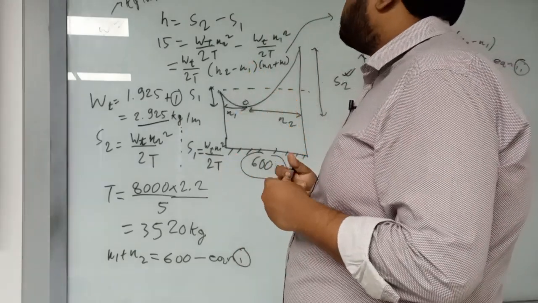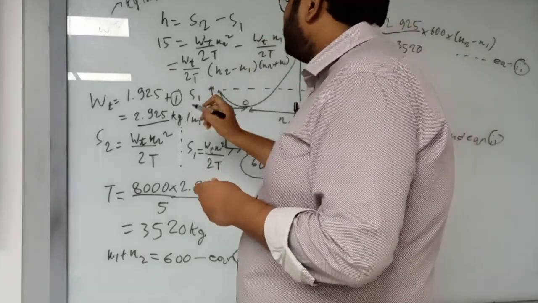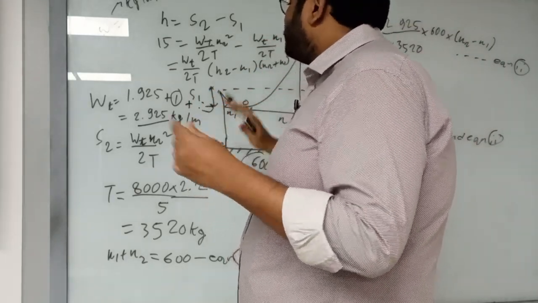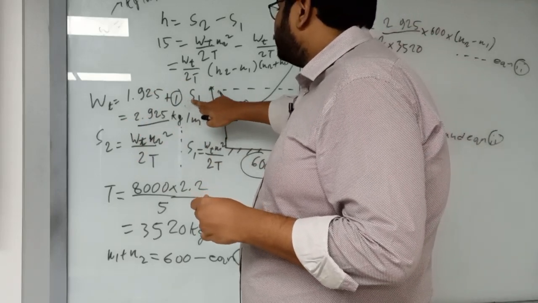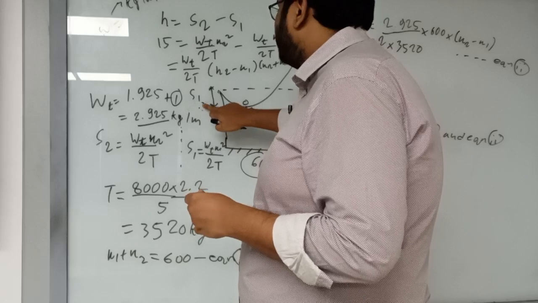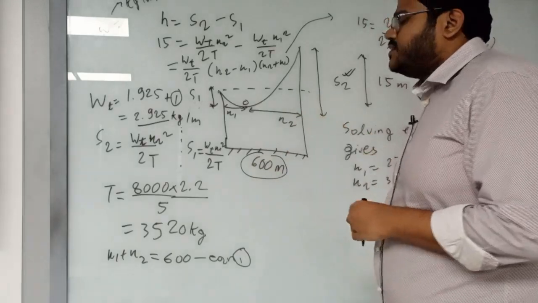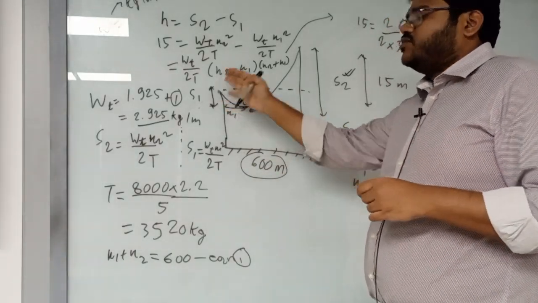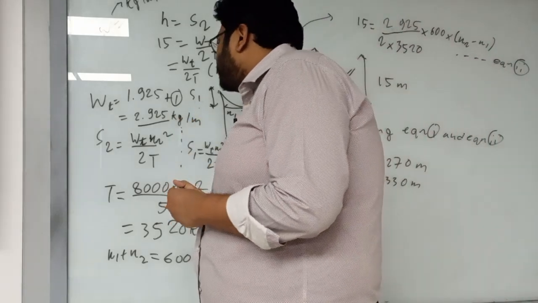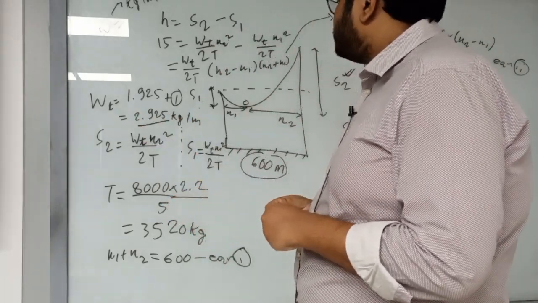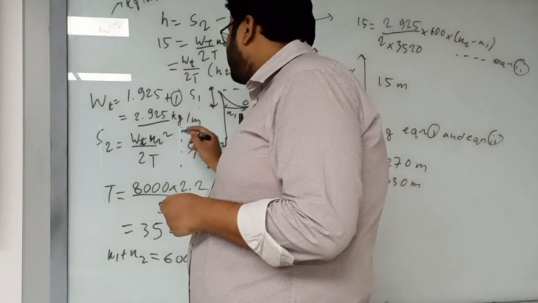If air pressure were given, we might need to add another quantity, but in the question the air is neglected. They did not give anything about air, only the ice. So 1.925 plus 1, we get the total weight, which is 2.925 kg per meter.